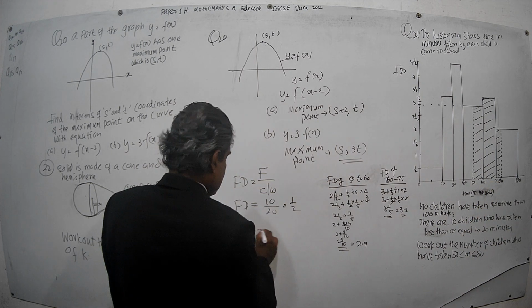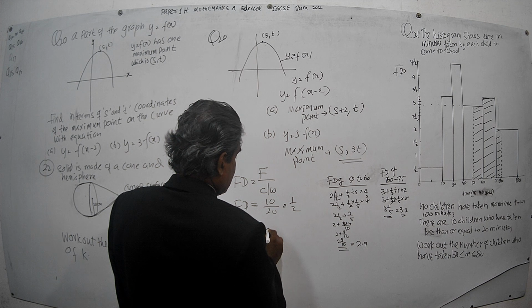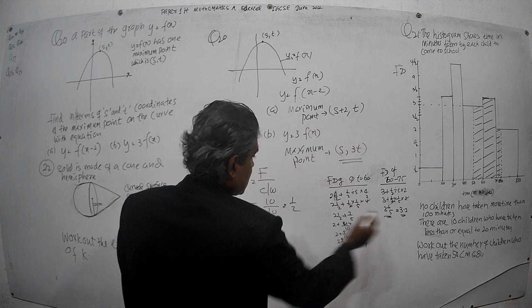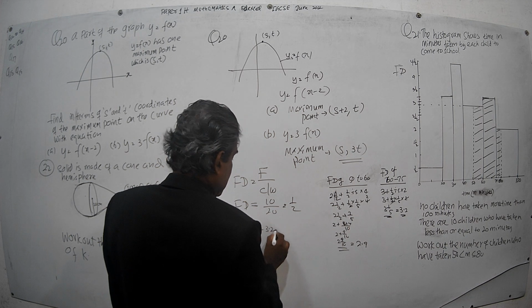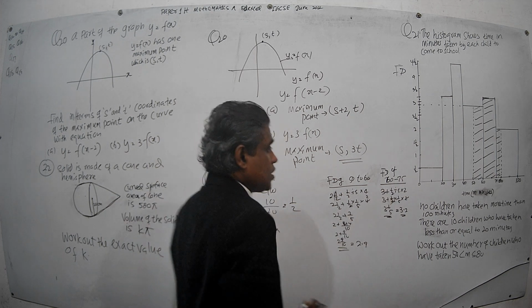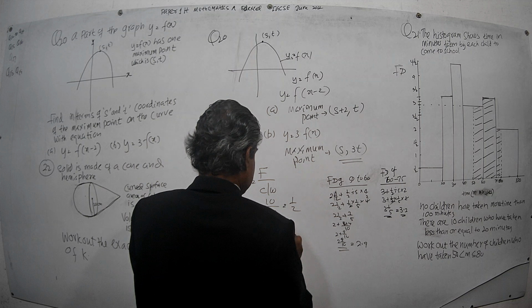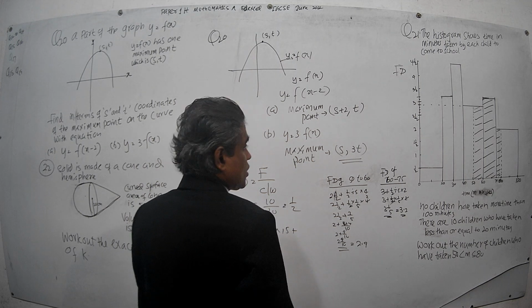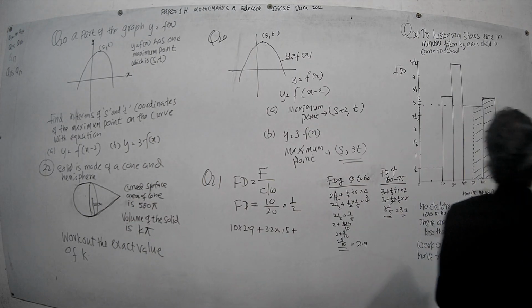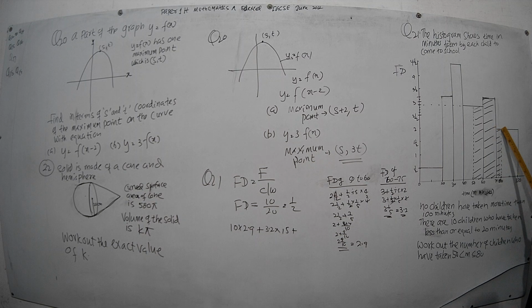Then plus height is 3.2 into this width 60 to 75, 15. Okay. Then plus, this part. Right?